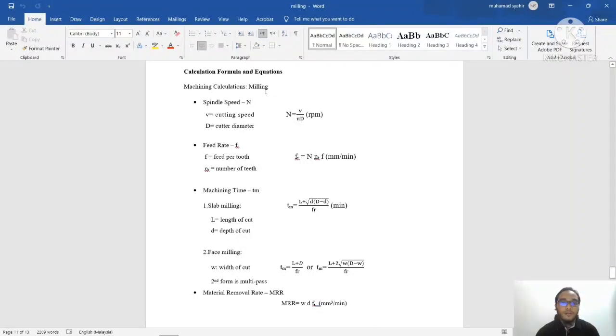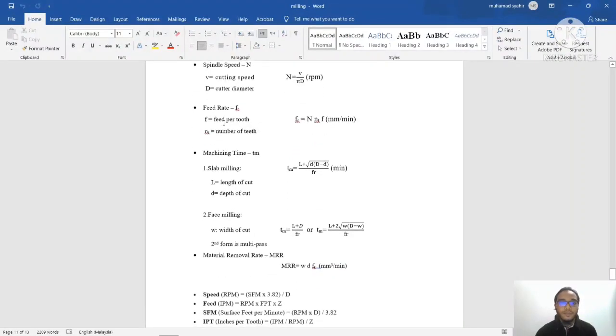Machining calculation for milling. For spindle speed N, this is the formula, N equals V over pi D, where V is cutting speed and D is cutter diameter. Next is feed rate.